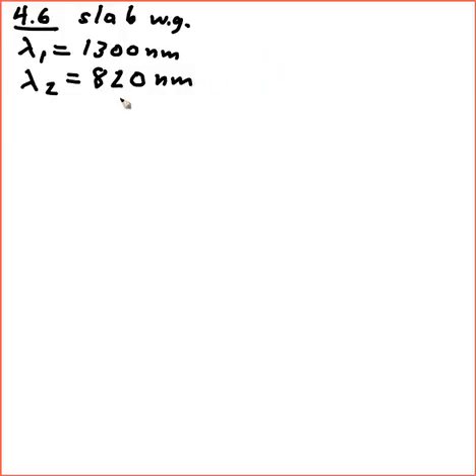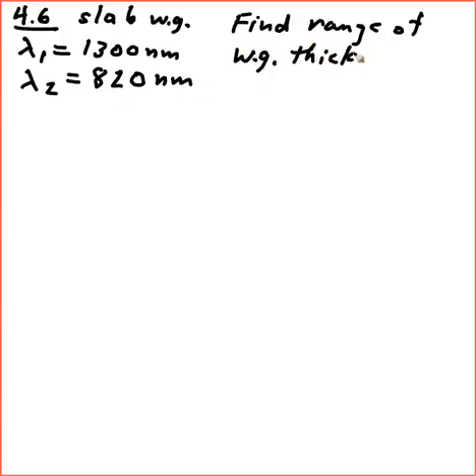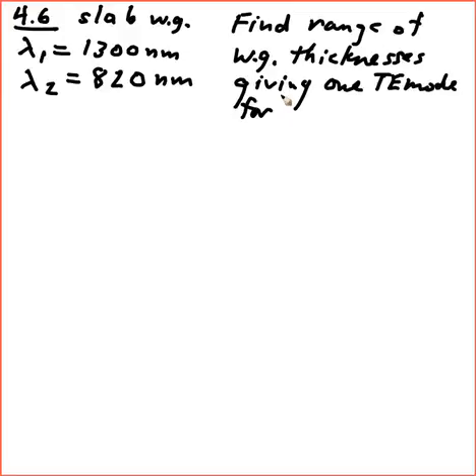And what we want to do is find the range of waveguide thicknesses giving one TE mode for lambda 1 and two TE modes for lambda 2.